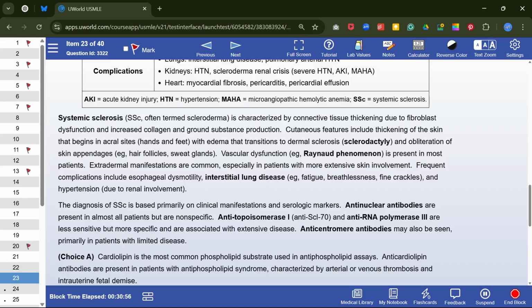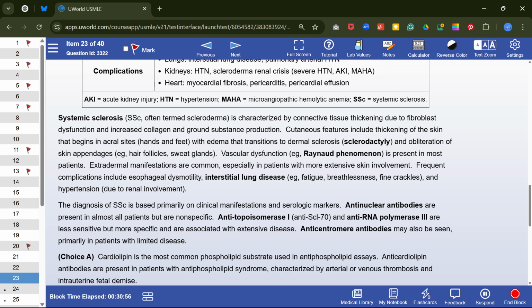It is systemic sclerosis, often termed scleroderma, characterized by connective tissue thickening due to fibroblast dysfunction and increased collagen and ground substance production.